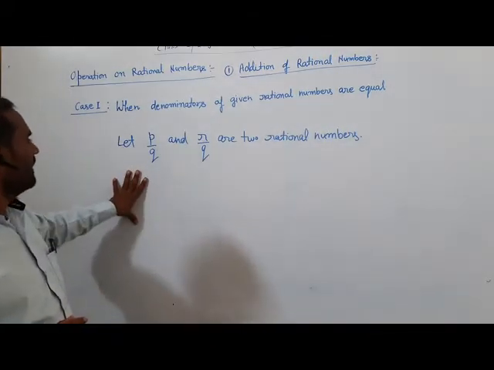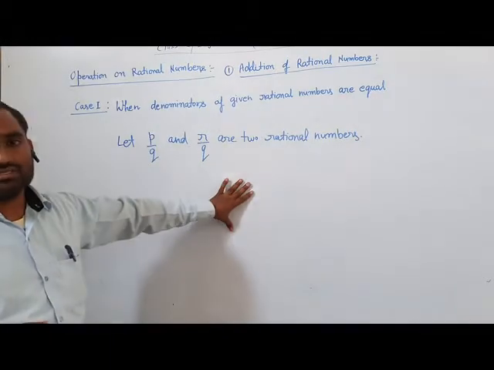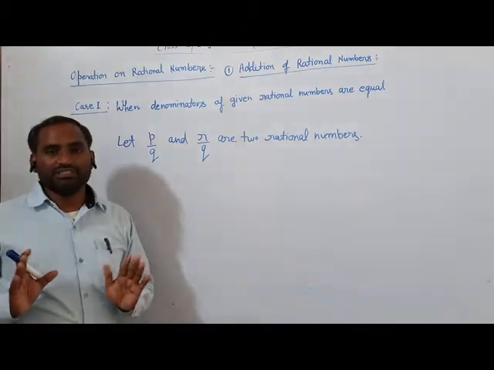Here we see that in both rational numbers the denominators are equal.